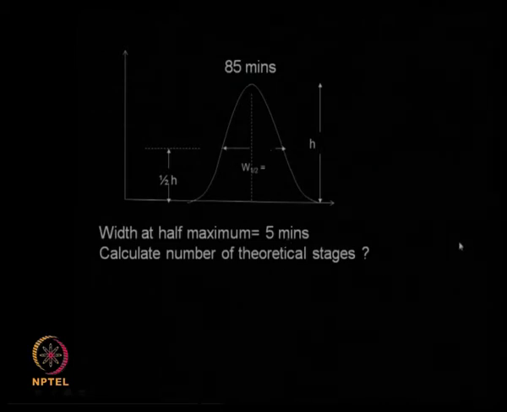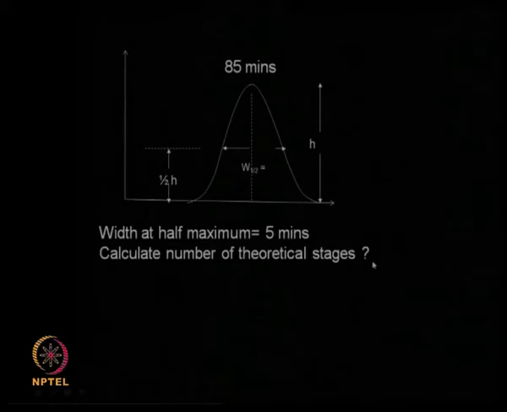Can you calculate the number of theoretical stages? In the previous problem, T naught was given and standard deviation was given, and you were asked to calculate the number of theoretical stages. In this particular problem, T naught is given, the width at half the maximum is given, and you are asked to calculate the theoretical stages.